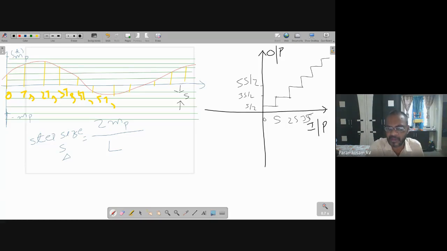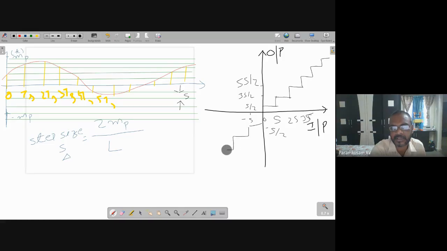Similarly, when the input is between 0 and minus S, what is the output? Minus S by 2.